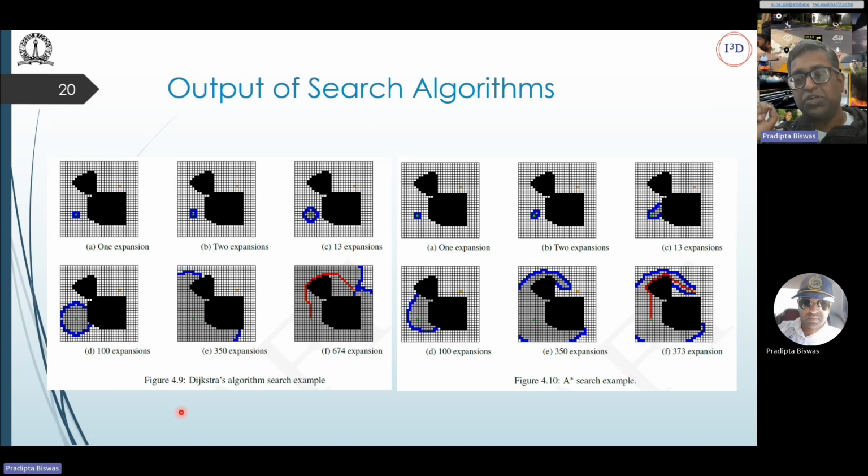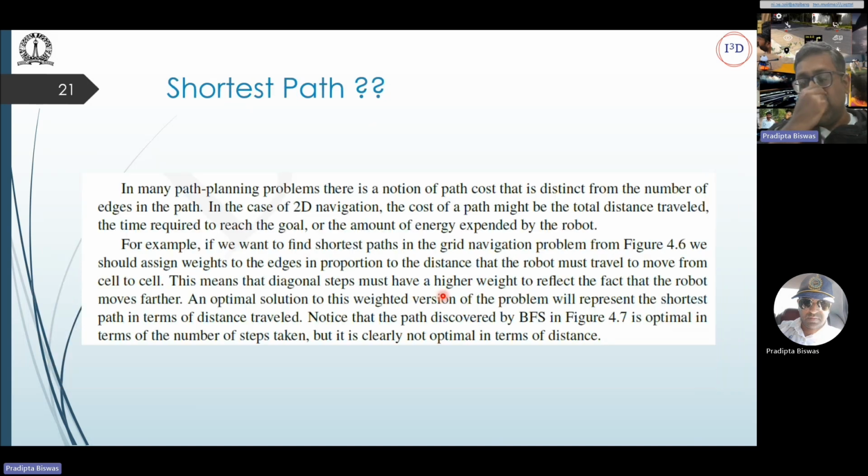So that is one question. But the bigger problem, which we will answer maybe after two or three slides, is whether I can make a path through this Suez Canal or Panama Canal, whatever you call it, through this gap between the obstacles.